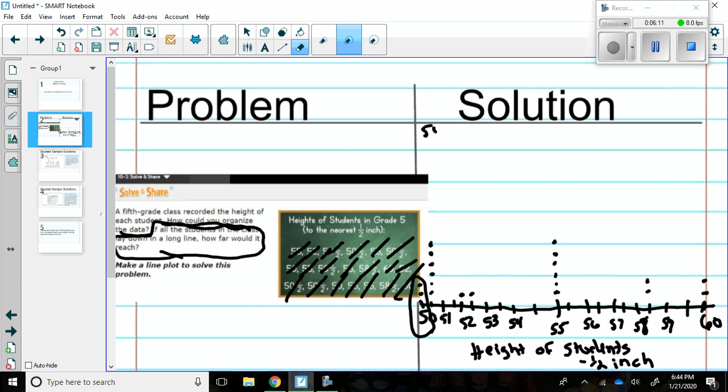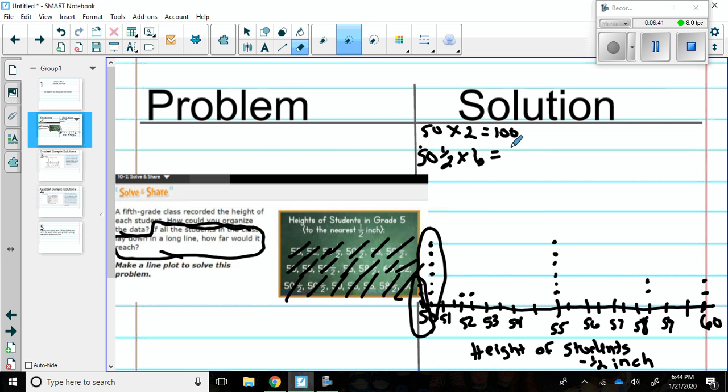So 50 times 2 equals 100. My next row is the 50 and a half, which I had 1, 2, 3, 4, 5, 6. So I had 50 and a half times 6. So I know that 50 times 6 is 300.